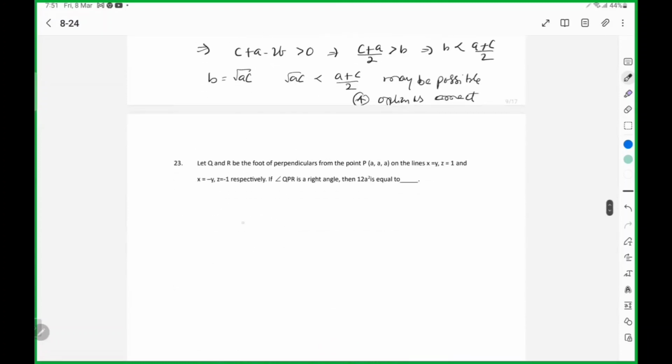Here Q is the line given as x minus 0 by 1, z minus 1 by 0. Here is a point, foot of the perpendicular we require. R, here it is 1.